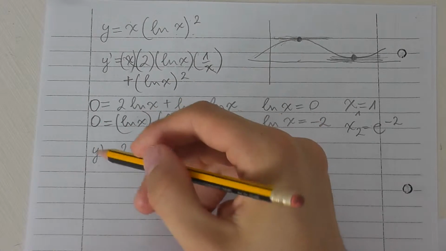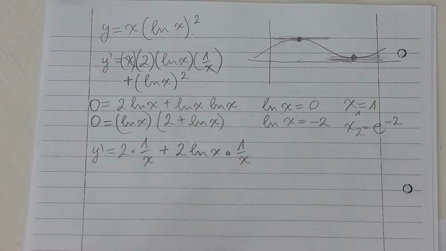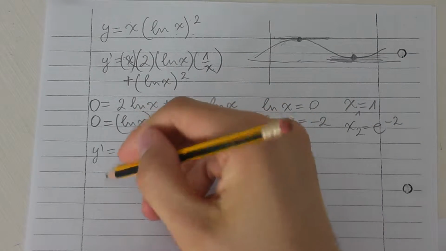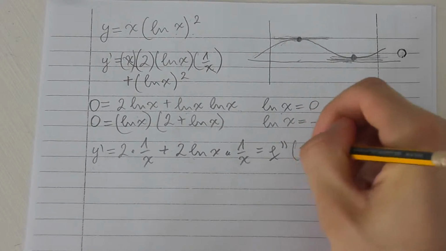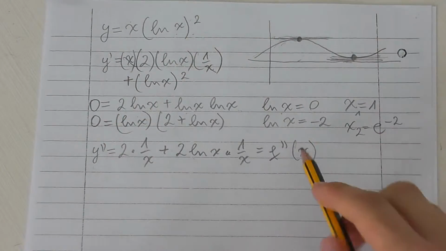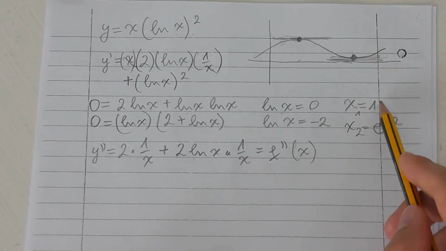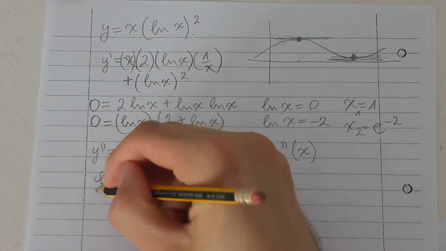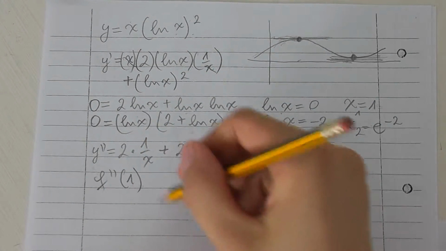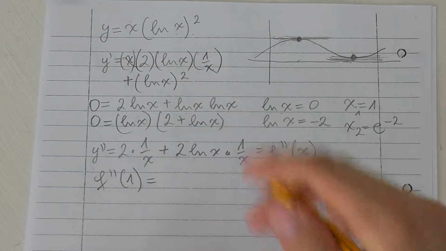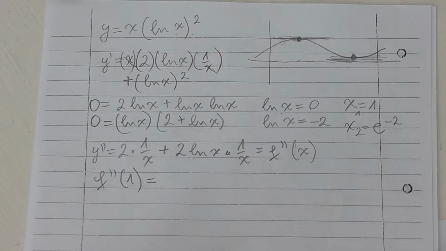Now, we don't have to set the second derivative equal to 0, but what we do now, we know that this is f double prime of x. When we plug in 1 for x, the value of the second derivative when x is 1 will tell us something about the point 1. It will tell us whether it is a maximum or a minimum.